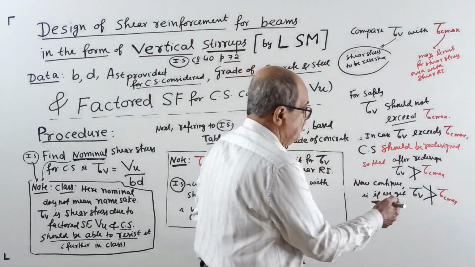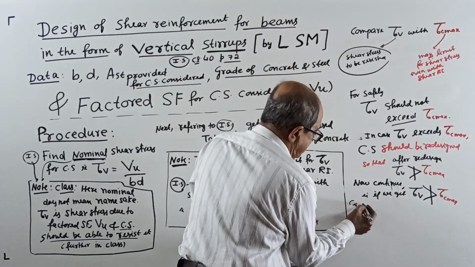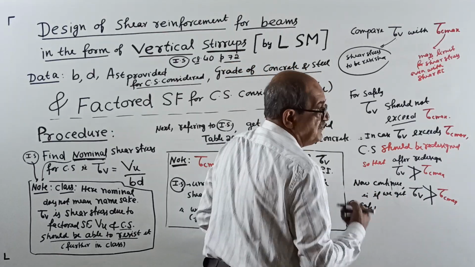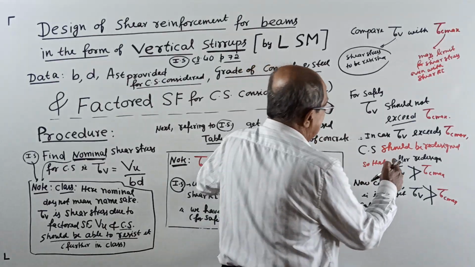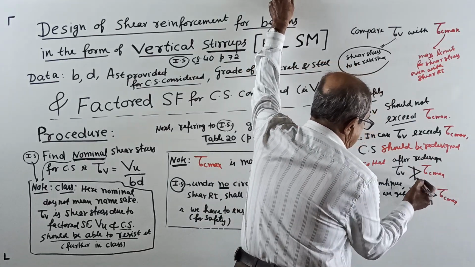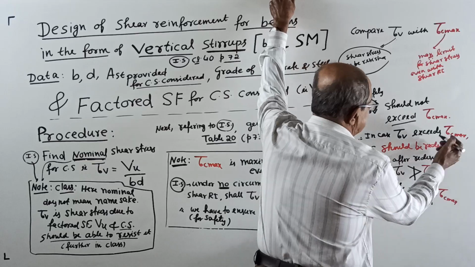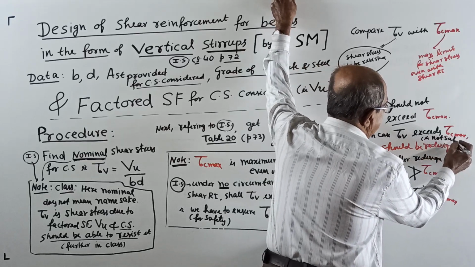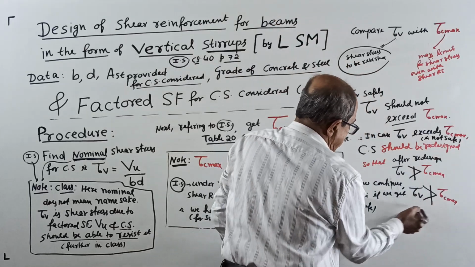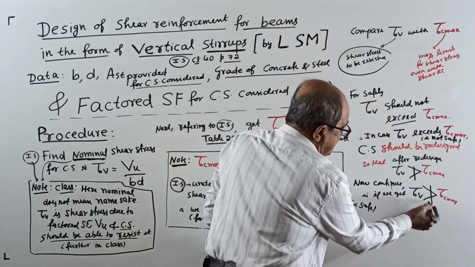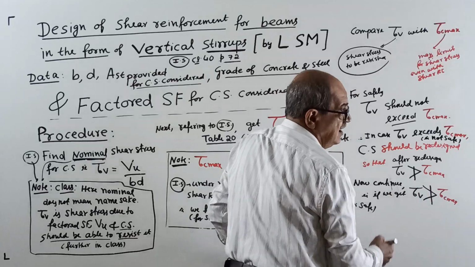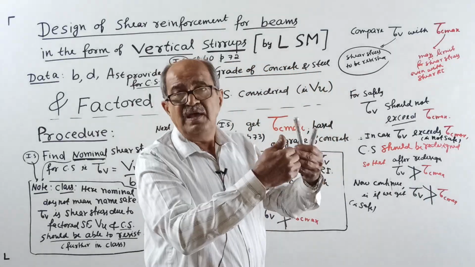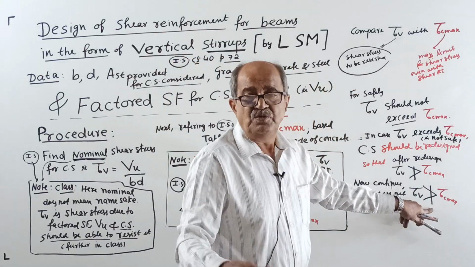Or you can say that it is safe. If tau V exceeds tau C maximum, that is not safe. Now I will continue, so I am continuing when tau V is not more than tau C maximum, or tau V is either equal to or less than tau C maximum.